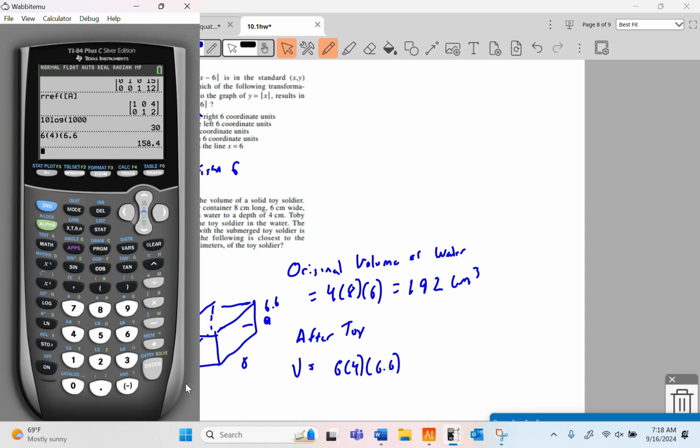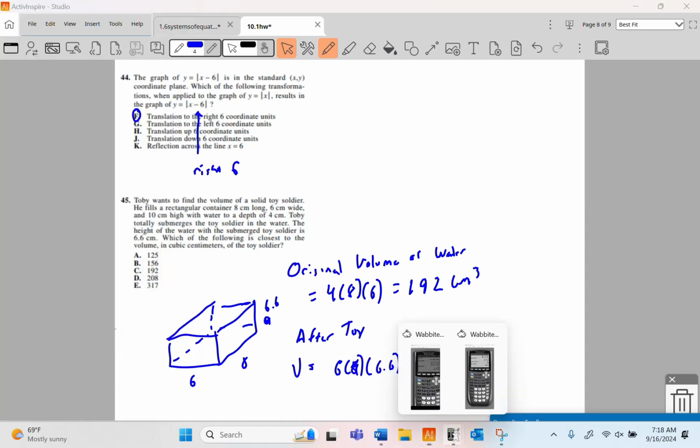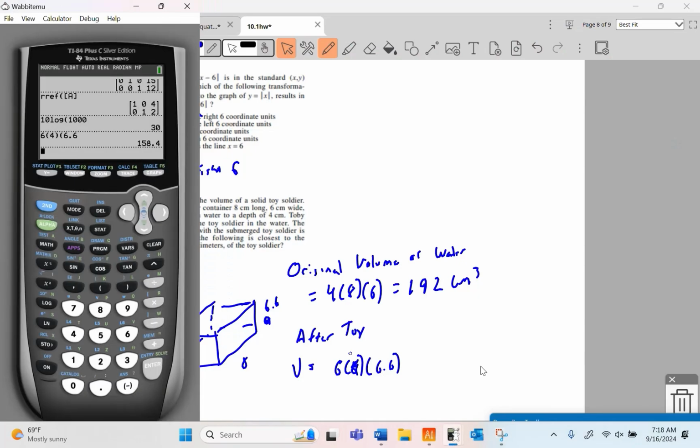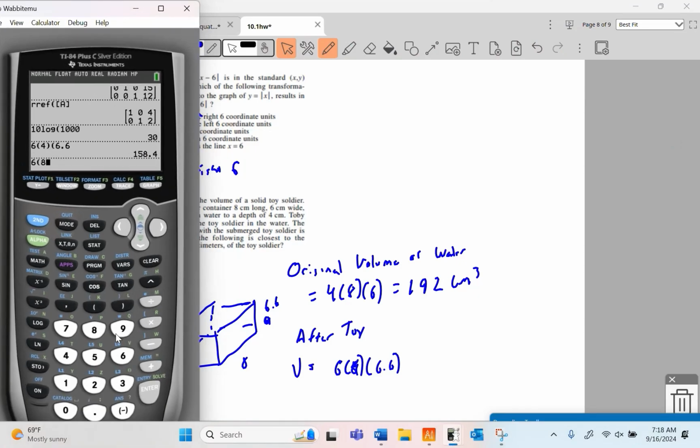I don't know why I wrote a 6 or 4. It's supposed to be an 8. 316.8.